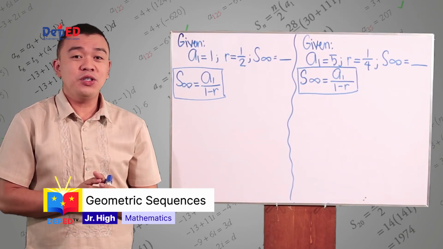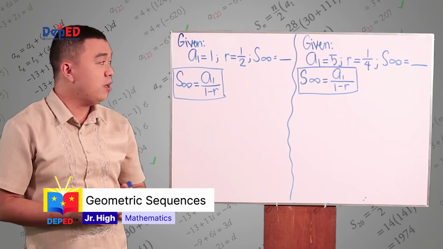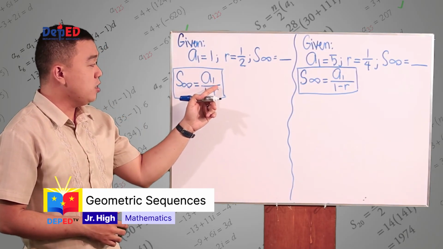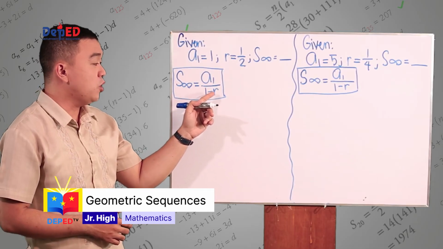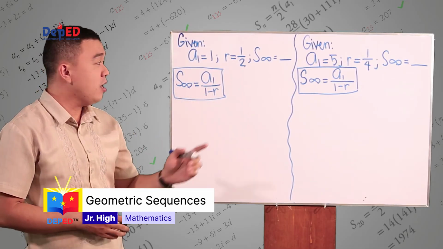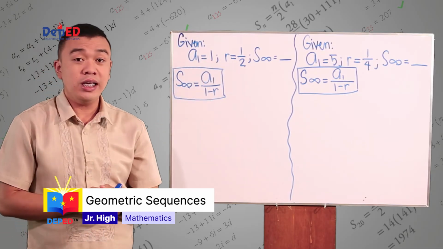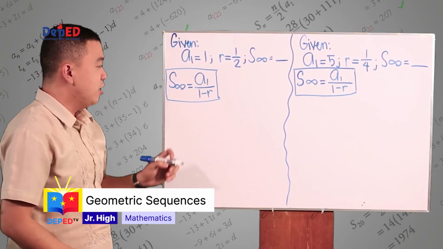Now, let us substitute these values in the formula. Sum to infinity is equal to a sub 1 divided by 1 minus r. The given again is a sub 1 is 1 and the common ratio is equal to 1/2.